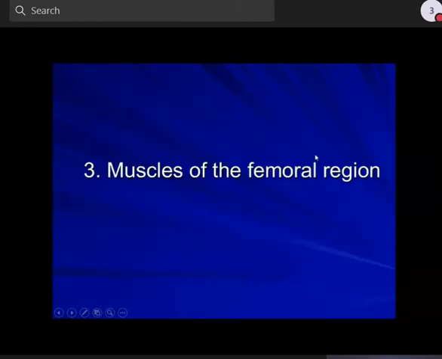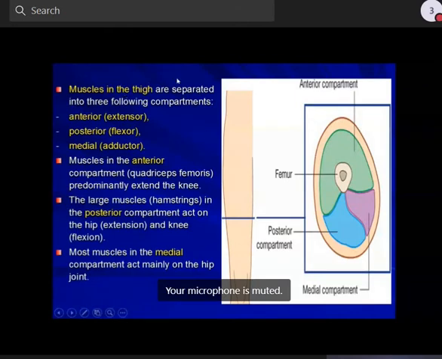Muscles in the thigh can be separated into three parts. In front we have extensors. So the anterior compartment is called extensors.